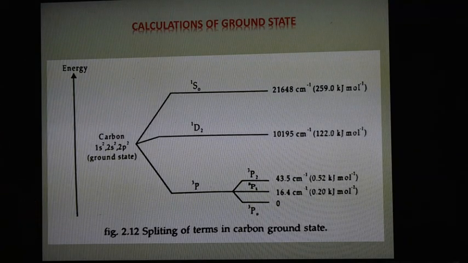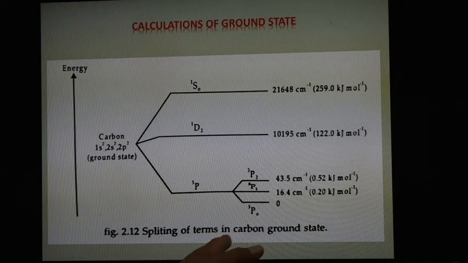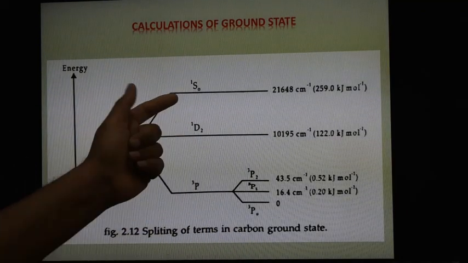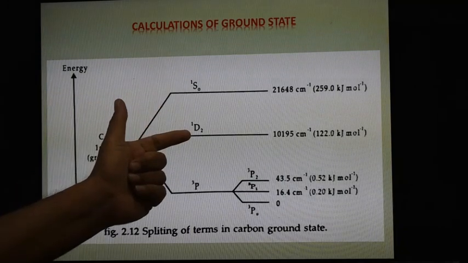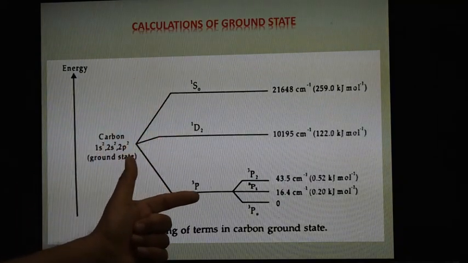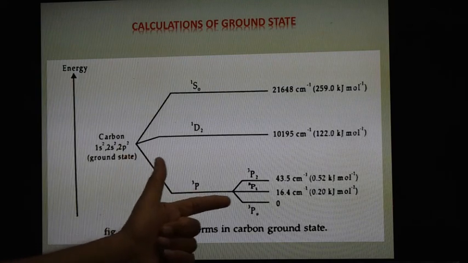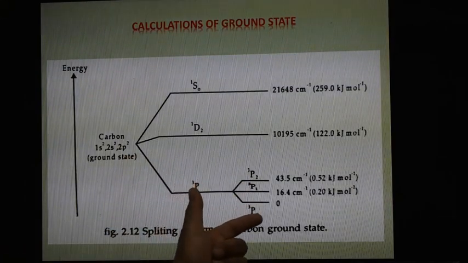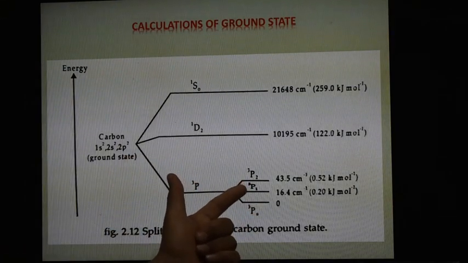Now as we know, in case of an octahedral field, there is no splitting of S, there is no splitting of P, but D can split. Here the splitting for carbon in the ground state is shown. S is only 1 and D is also only 1 in case of carbon, and P has these 3 states, and P undergoes 3 splittings, 3P0, 3P1, 3P2.